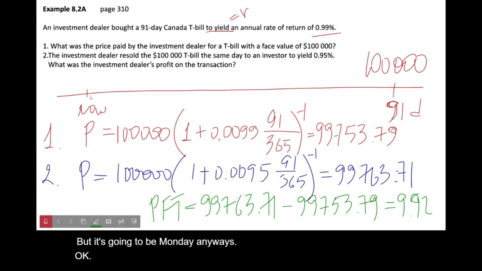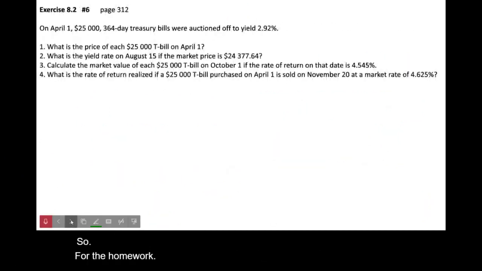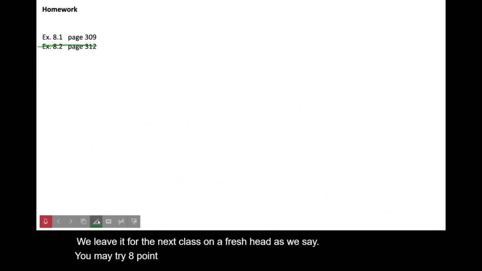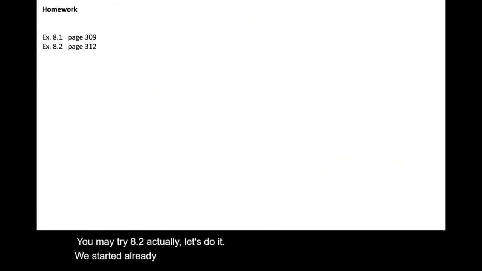So for the homework, we leave it for the next class on a fresh head, as we say. You may try 8.2 actually. We started T-bills already, so you should be fine. So that's your homework.